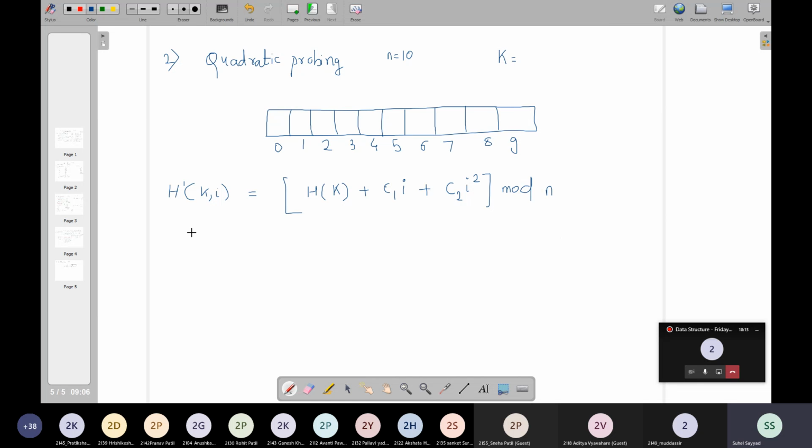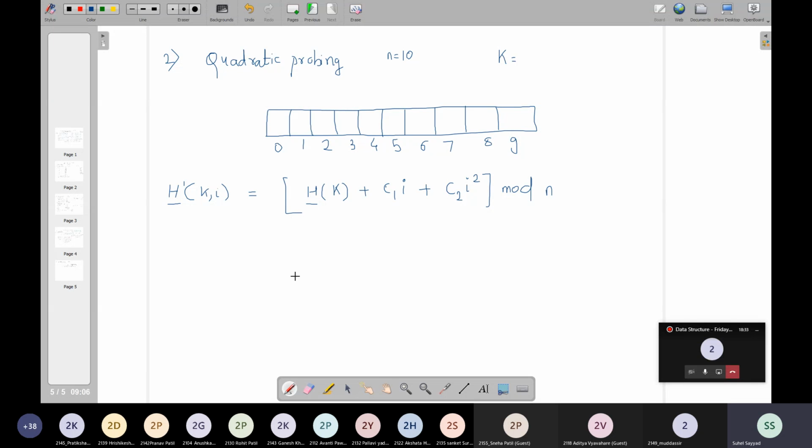My dear students, most of the terms in this equation are very similar to those of linear probing, but we also find some new terms in it. So let us see the meaning of all these terms. What is h dash? H dash is the hash function of quadratic probing. What is h?